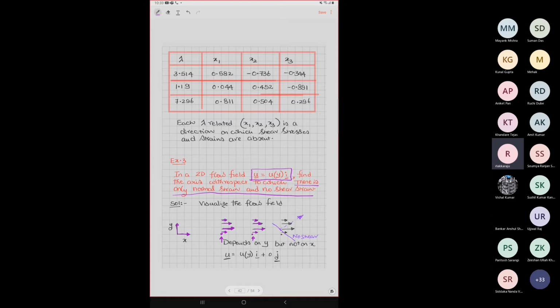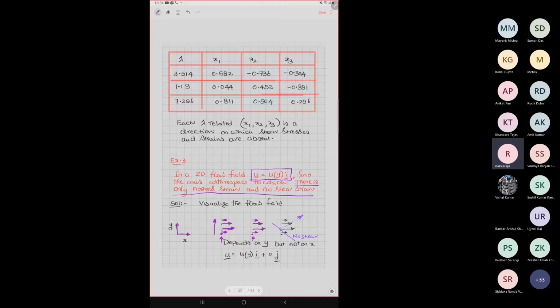u bar is equal to u of y i bar. Now, in this entire atmosphere, the entire flow is happening only in one x direction. So if I calculate the strain rate, because there is a velocity variation, there is something like shear happening if I move in the vertical direction. Everywhere I experience shear, because how u varies in the crosswise direction y represents certain components of strain rates.